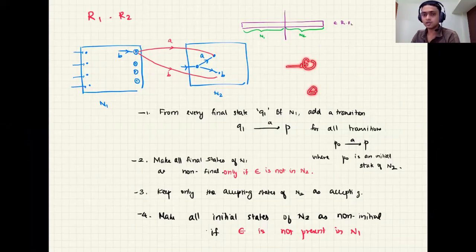So as soon as I read N1, I should also accept the word in N1.N2. So that's why I said make all final states of N1 non-final if epsilon is not in N2. Make all initial states of N2 non-initial if epsilon is not in N1.